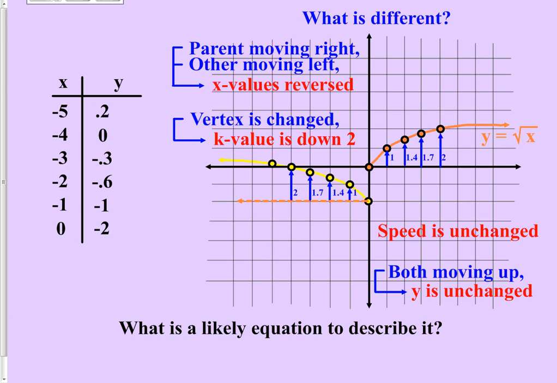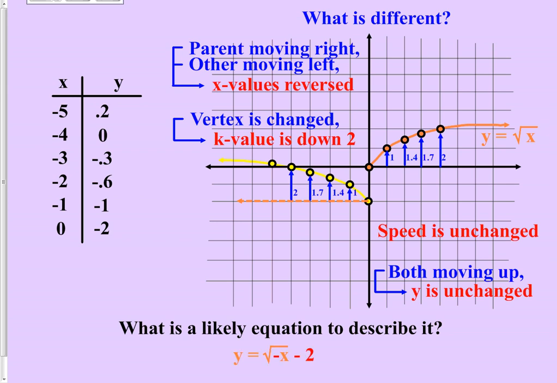Okay, let's have a look and see what the equation should say. We're going to have a k value this time, which means there should be a constant being added or subtracted to the end of our equation, and that value will be a -2. We said that the x value was going to have to be reversed, so underneath the radical, we're going to change the sign.